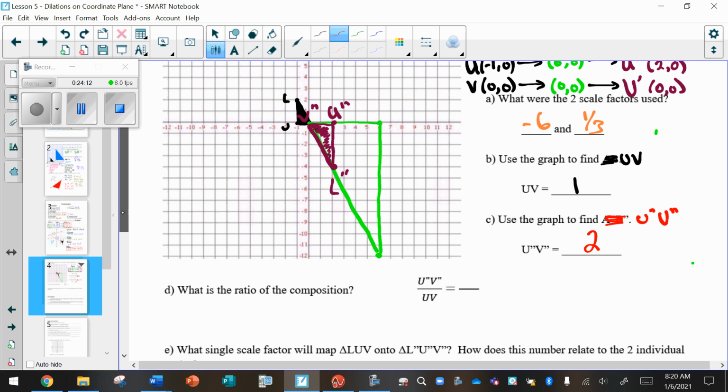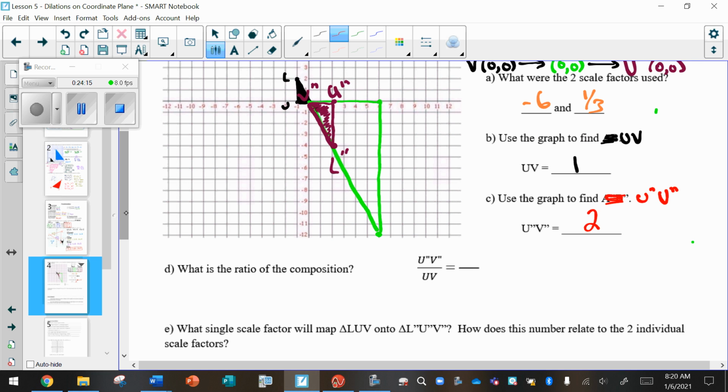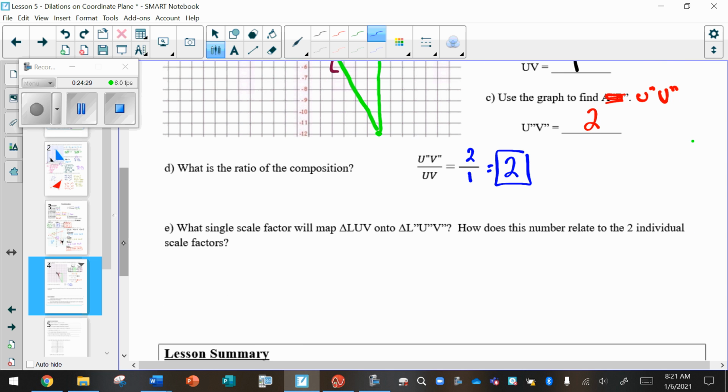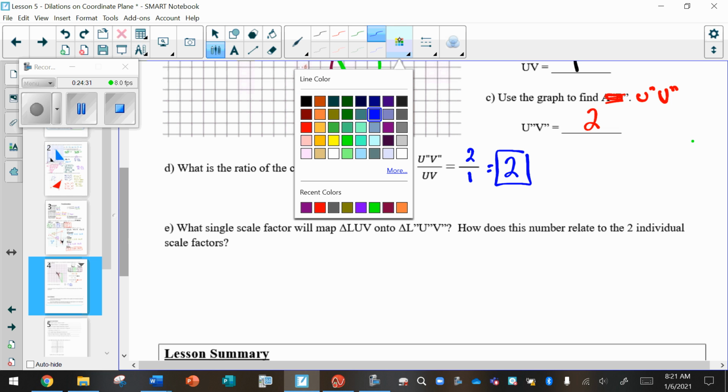Well, if we look at the ratio that we've been using, image length over pre-image length, our scale factor from the original to the final image was just 2. So where does that come from, looking at the 2 different scale factors that we actually used in our calculation?